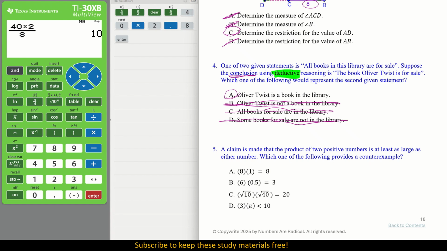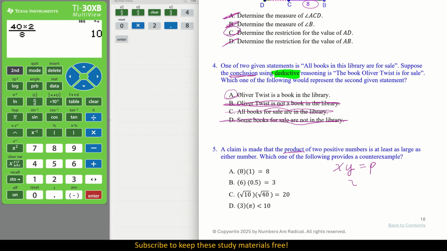In general, they're saying, let's say we had X and Y. Those two things equal P, the product of two positive numbers. Well, X and Y are my two positive numbers. So what the next step says is that it's at least as large as either number.